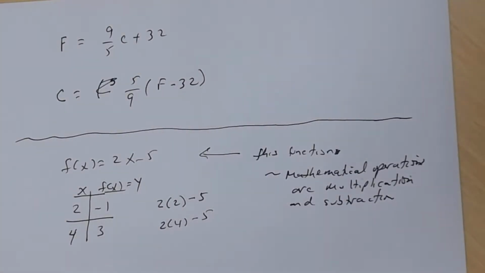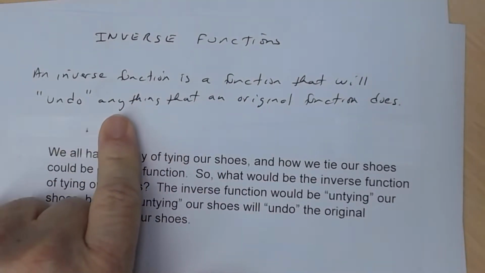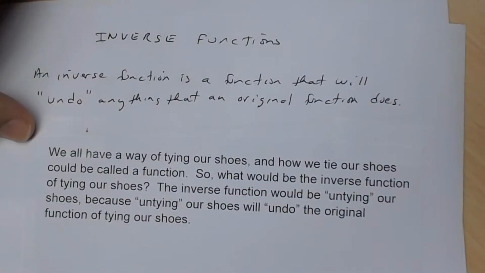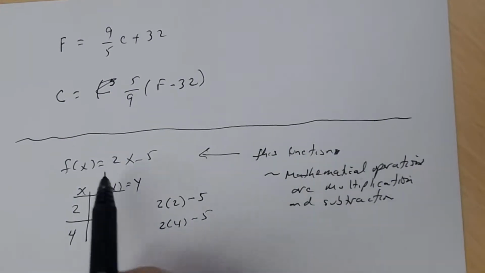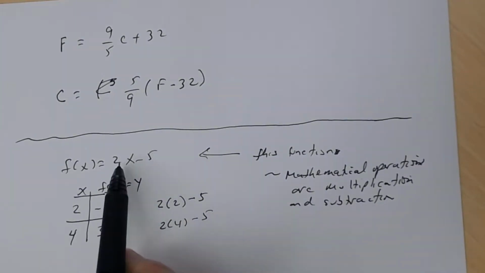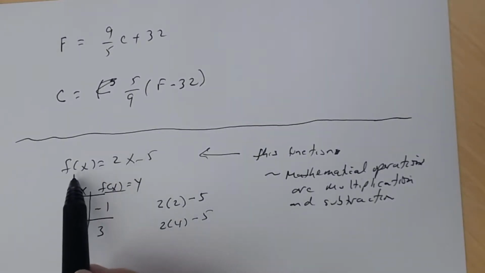Okay. Now, let's talk about the inverse function. So remember, the inverse function undoes what the original function does, or did. In this case, if my function had the operations multiplication and subtraction, then I've got to do what this function did.